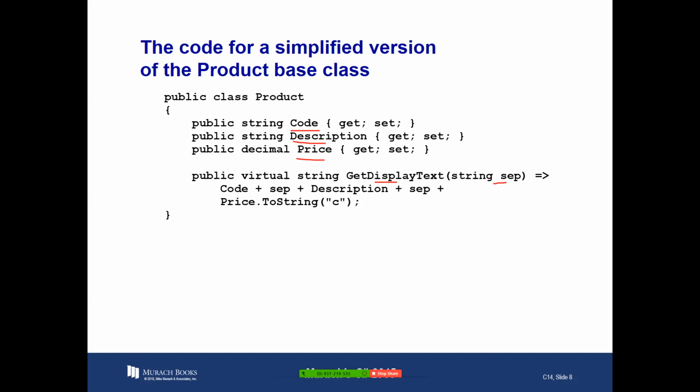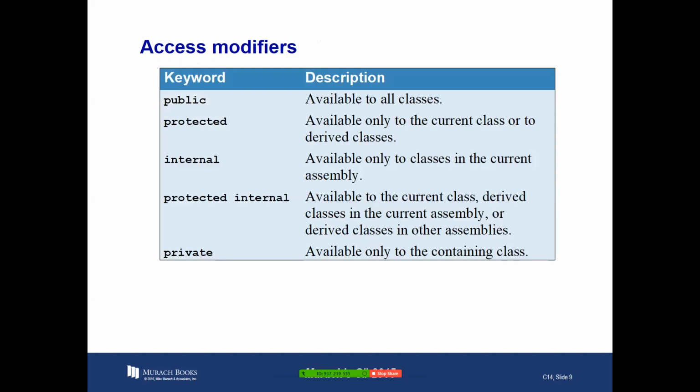If you input a separator, a tab character, or a comma, or something, it'll return a string with the code followed by the separator, followed by the description, followed by the separator, followed by the string version of the price. And virtual simply means we're going to override it with our own method specific to the subclass.